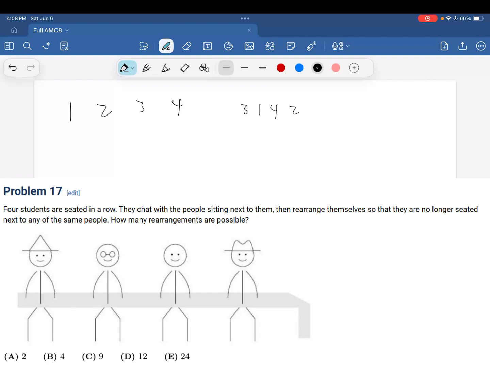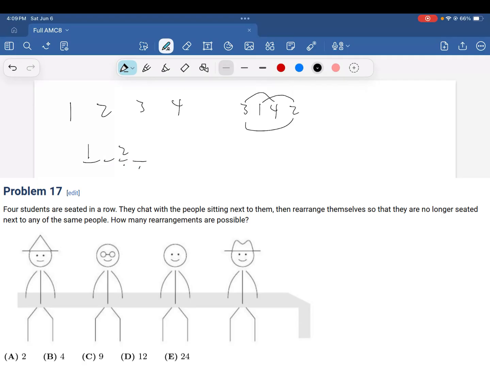So it's kind of like a snake, if you imagine. 1 goes to 2, 2 goes to 3, and 3 goes to 4. And none of these chains or loops are consecutive. So let's try casework. Let's say 1 is in the first position, in the original spot as before. 2 must be either this or this.